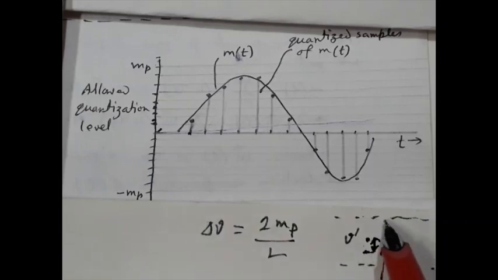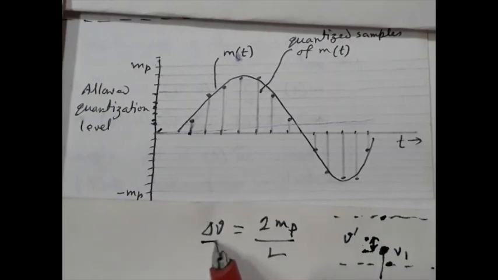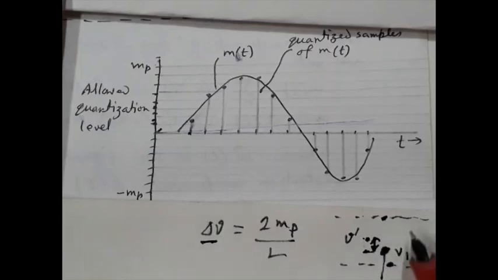Now if we have given the upper voltage or lower voltage, then the amount of error would be delta V, plus minus delta V. But if we assign the midpoint value V dash of a particular sublevel, then the amount of error will be delta V by 2.